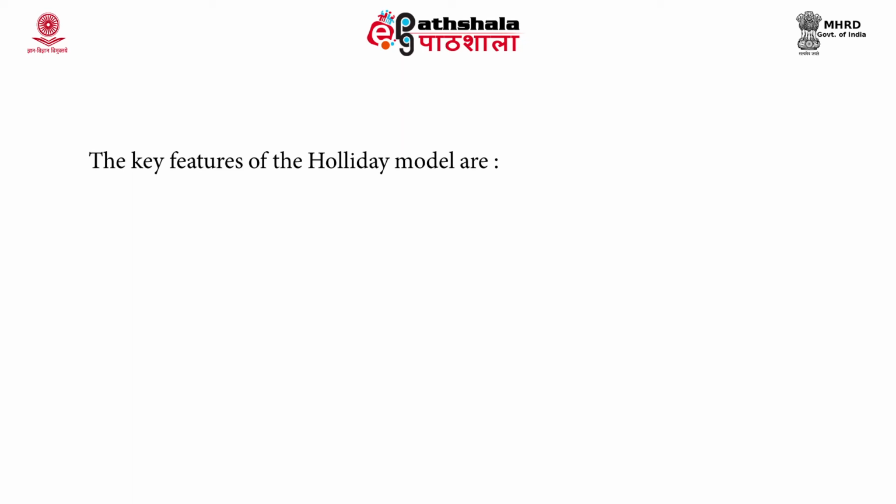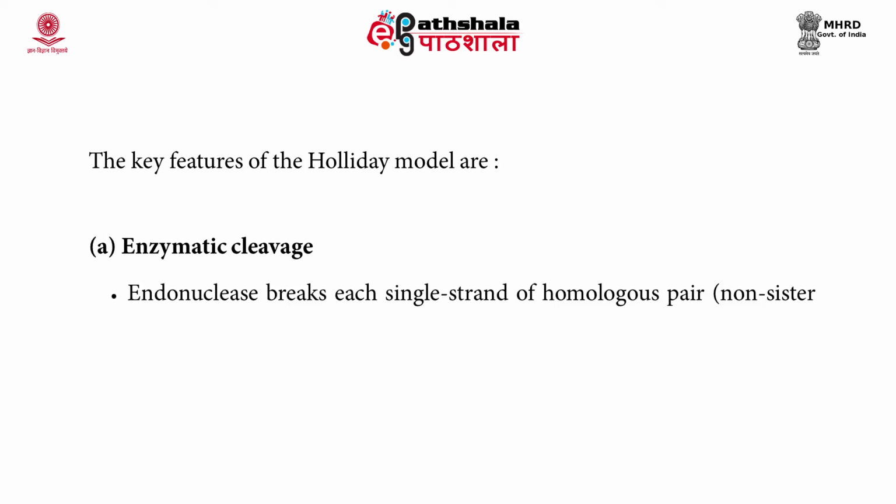In general, models of crossing over provide insight about the molecular mechanism of recombination. Starting with the key features of Holliday model. A. The first key feature is enzymatic cleavage. As understood through the figure, in enzymatic cleavage, endonuclease breaks each single strand of homologous pair, that is non-sister chromatids which are about to cross, which maintain same polarity.